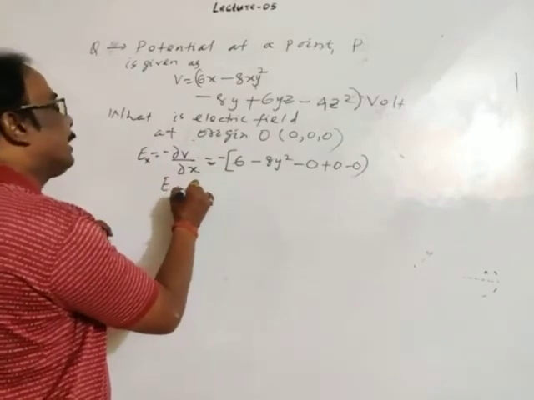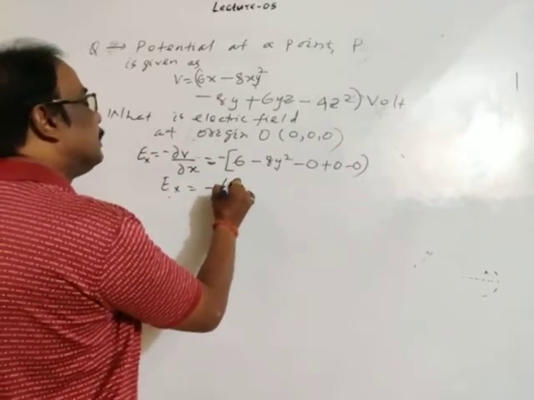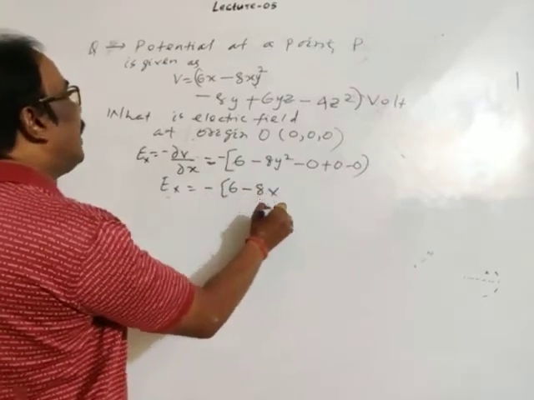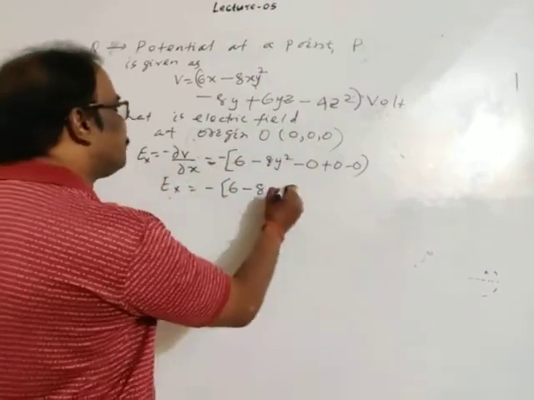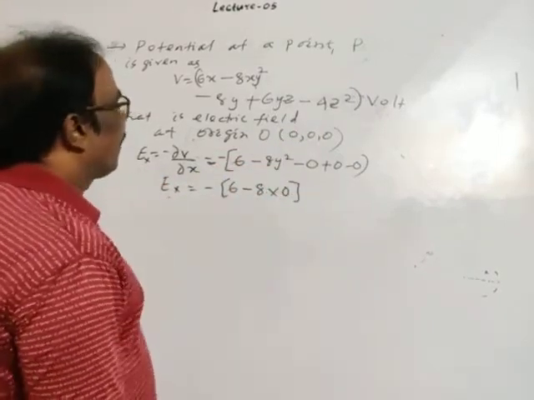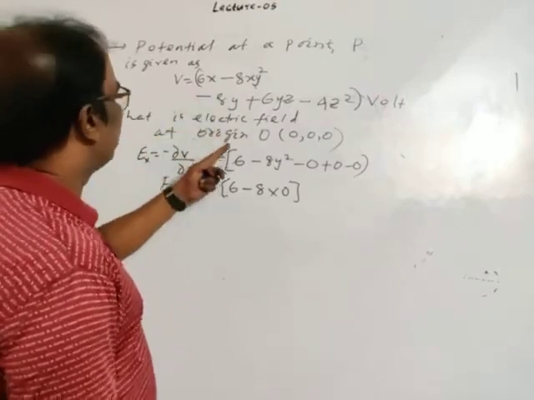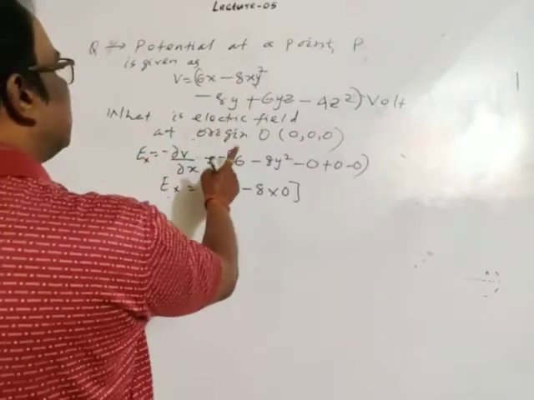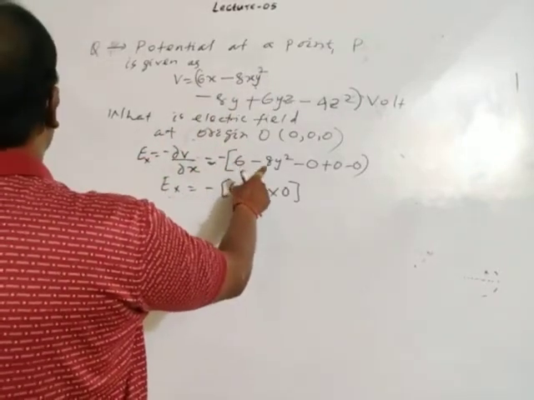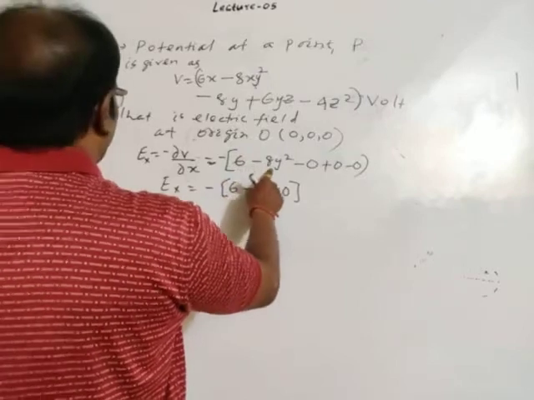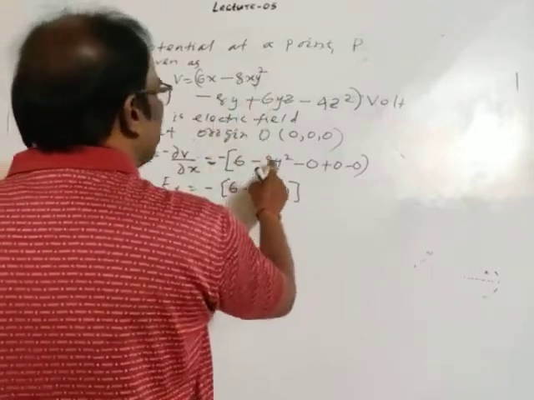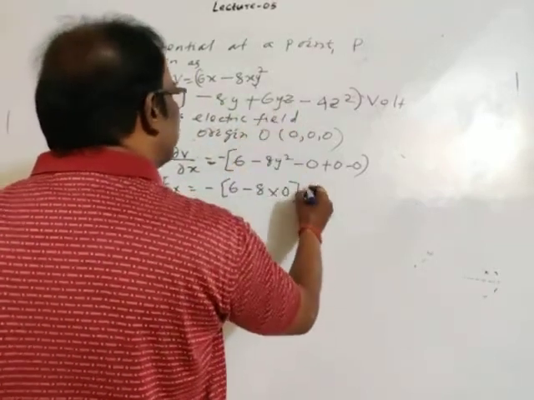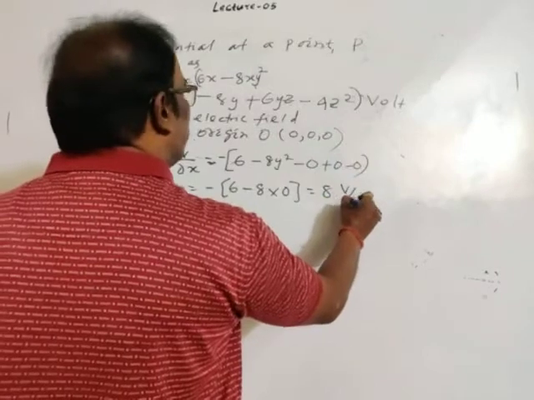So the magnitude of the electric field is 6 minus 8y square, and with y equal to 0, this is 6. Okay, this is 8 volt per meter.